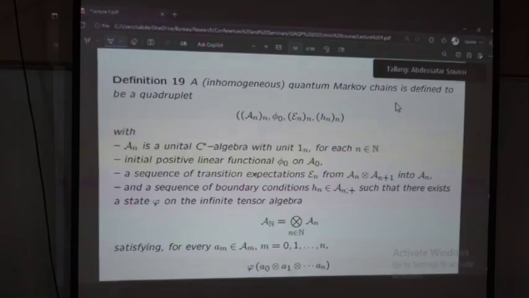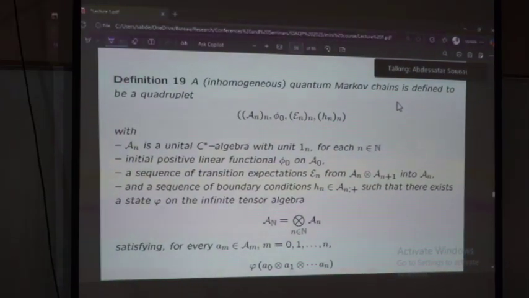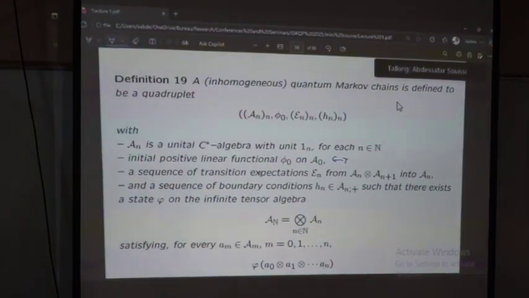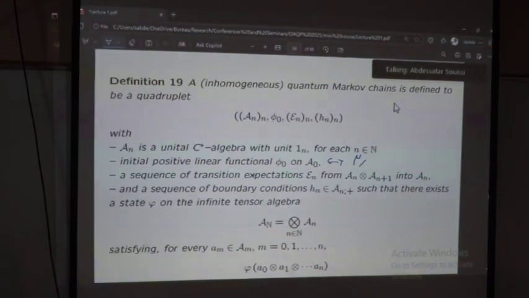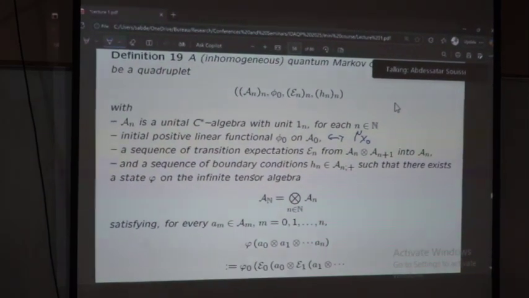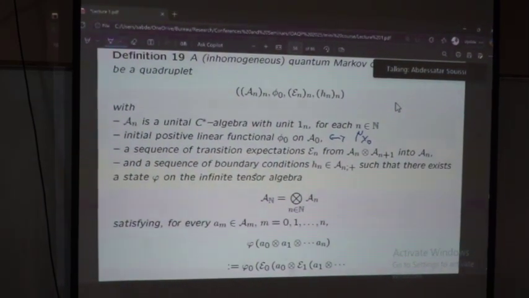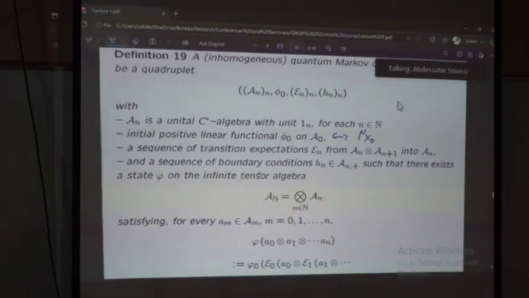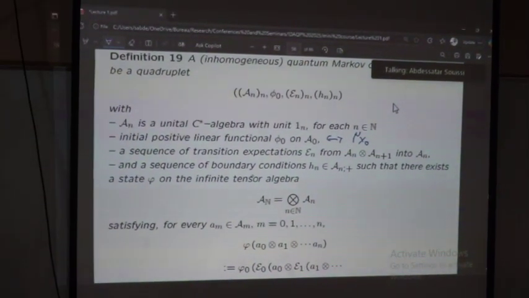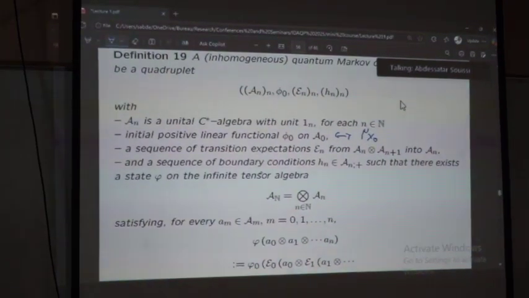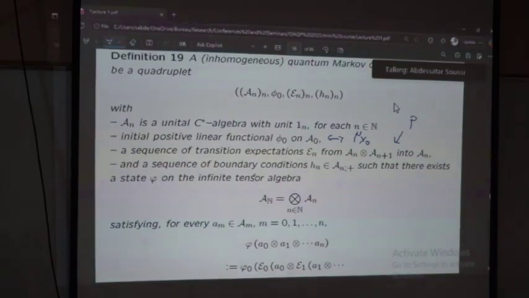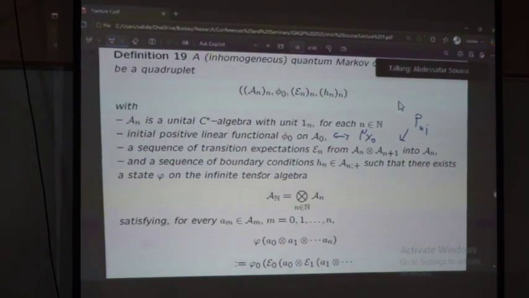We have an initial state replacing the distribution, let's say this is the analog of mu x0, the distribution of the first term of the chain, and E n is a transition expectation from A n plus 1 into A n, exactly the analog of the transition kernel or even the transition matrix P i j.